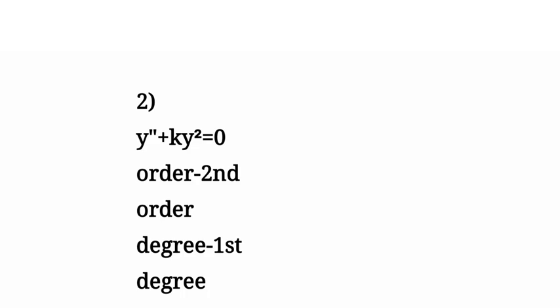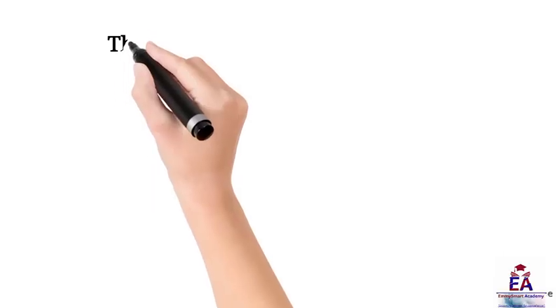Basically because in the highest derivative, the second derivative of y, we have it raised to the power 1. So I write it as a polynomial and then look at the power. The power in that polynomial becomes the degree, right? Good.